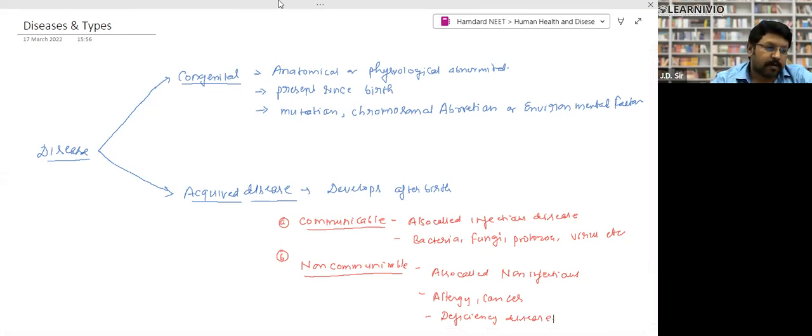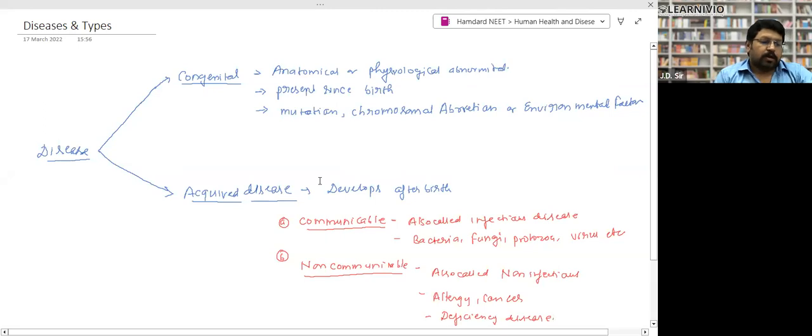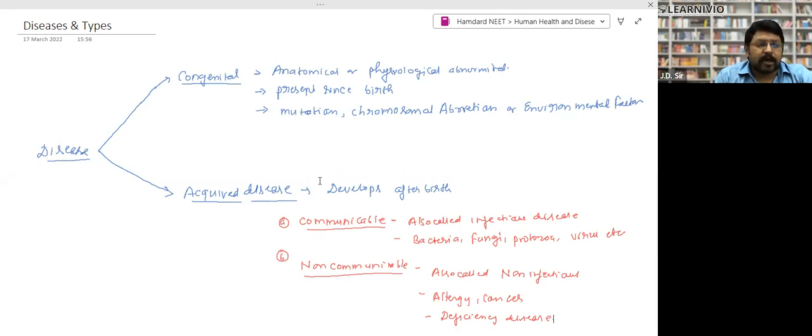Look. Diseases can be of two types: congenital disease and acquired disease. So what are congenital diseases? Congenital diseases are anatomical or physiological abnormalities. What does anatomical abnormality mean?